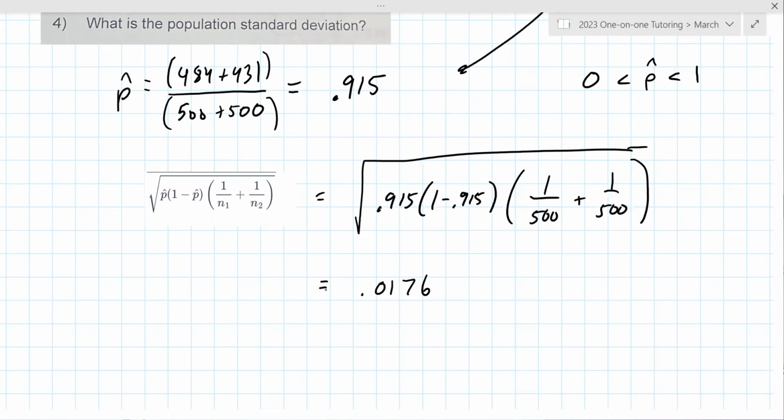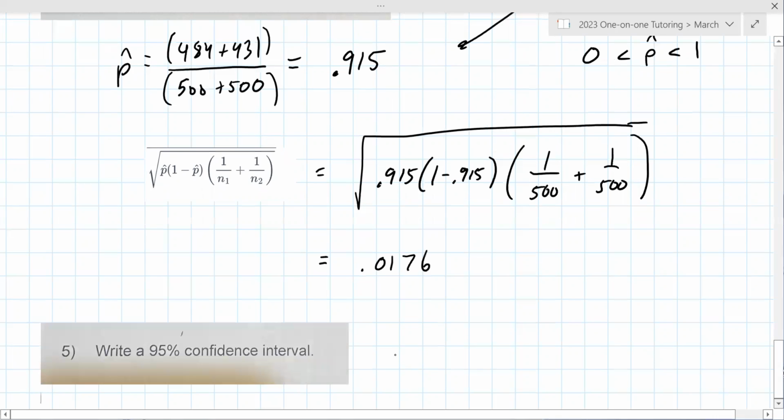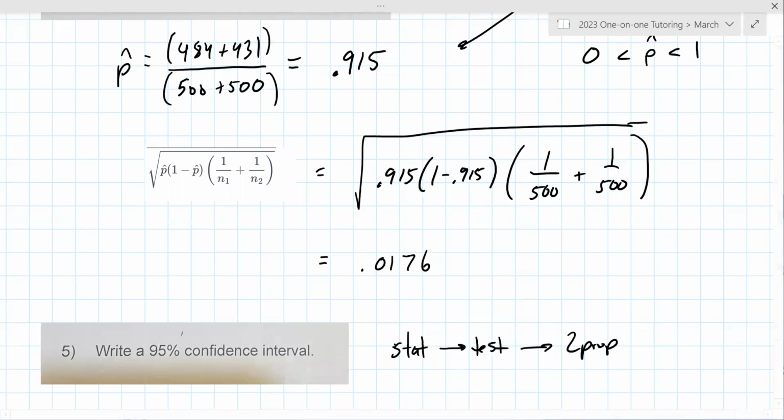All right. So that's 4. Write a 95% confidence interval. So you could do this by hand, but I would just recommend going to the calculator for this. So this is going to be the stat test, 2 prop z interval.